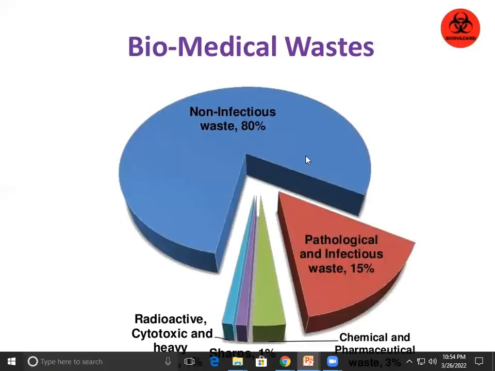Biomedical waste is given in these various percentages. See this. In blue color it is shown non-infectious waste, which is not harmful, 80%. Red color shows the infectious waste, pathological and infectious waste, 15%.